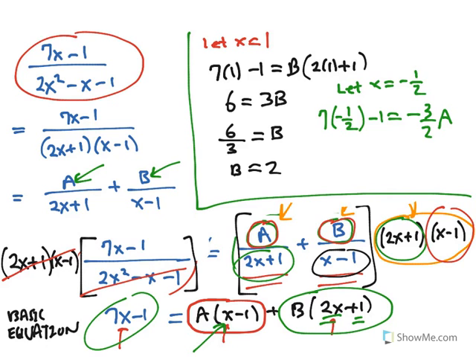And I can solve for A now because the term that I circled in green, when x is negative 1/2, will be just 0. So now I have negative 7 over 2 minus 1 is equal to negative 3 over 2 A. Negative 7 over 2 minus 1 will be negative 9 over 2.